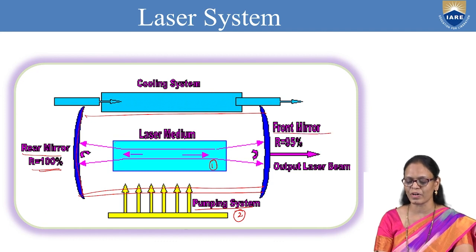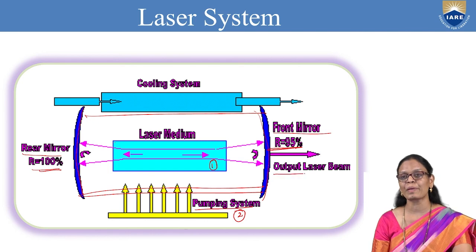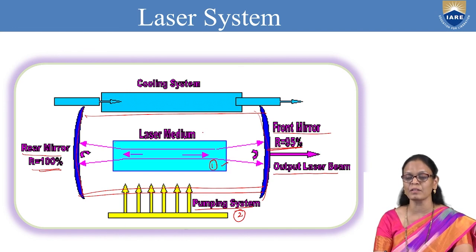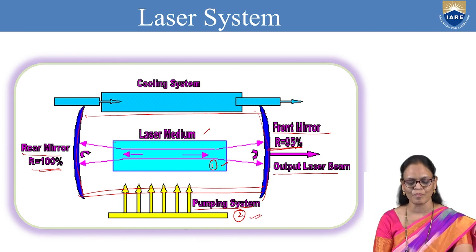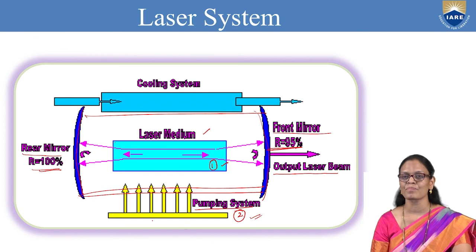And this is a front mirror where the reflection is 95%, so that we may get the output laser beam. So if you see any laser system, these are the three basic components. The first one is the active medium or the laser medium. The second one is the pump source or the energy source. And the third one is the resonator or the optical cavity.